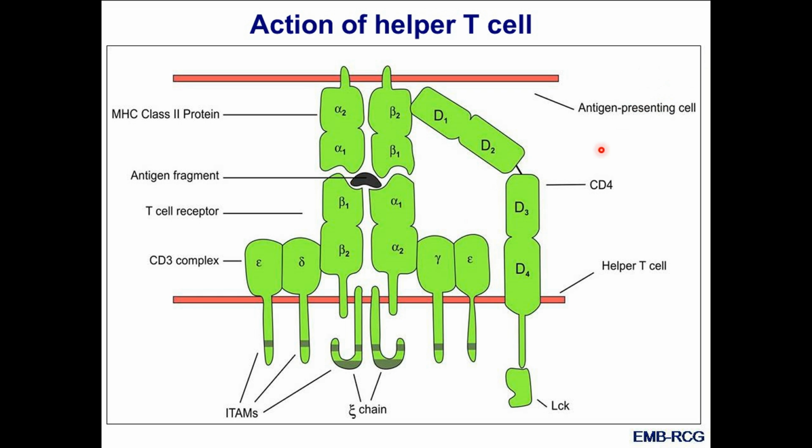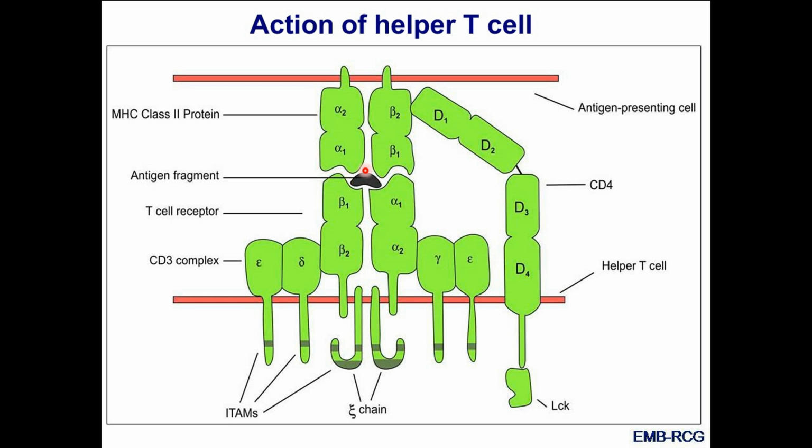So we have an infected antigen presenting cell, an antigen presenting cell which has been infected by a pathogen. Some of the proteins of the pathogen are broken down inside this cell and a peptide fragment is attached to MHC2 protein, and this peptide is displayed on the surface of the antigen presenting cell.